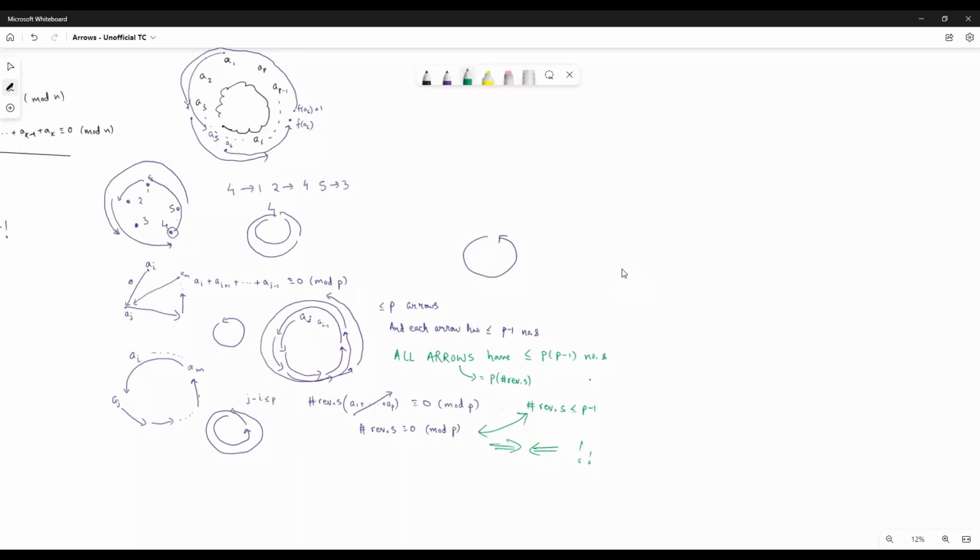And now we follow the arrows. If ai goes to aj, aj goes to some other thing, goes to some other thing. And at some point, we return to a number which was previously visited.